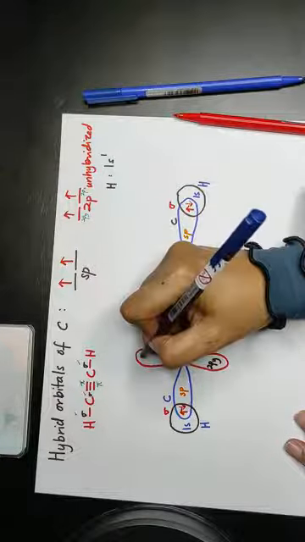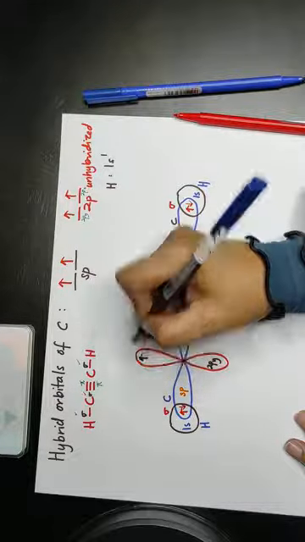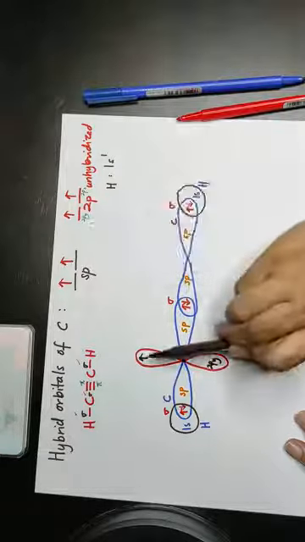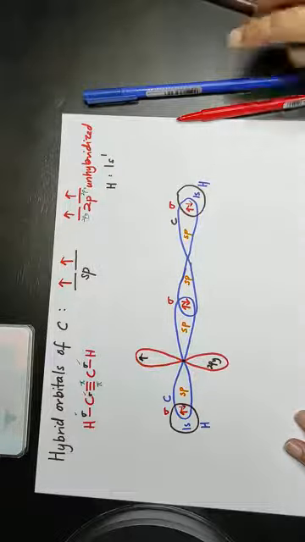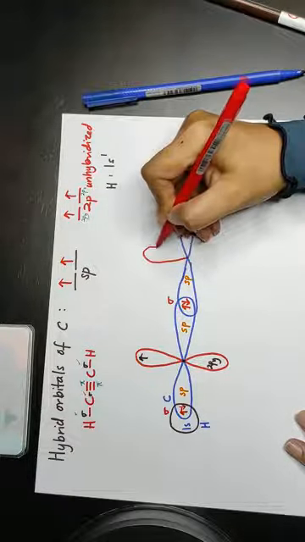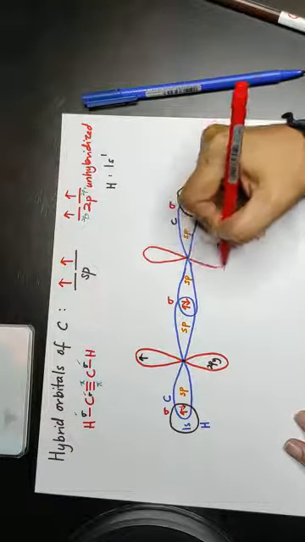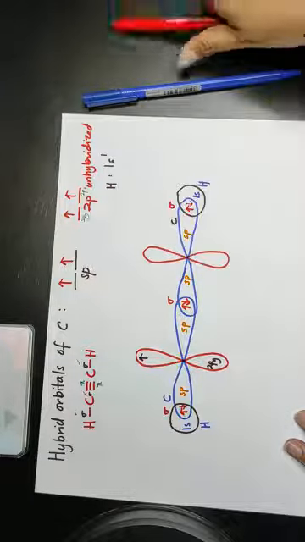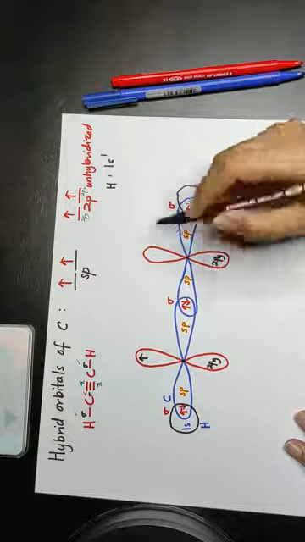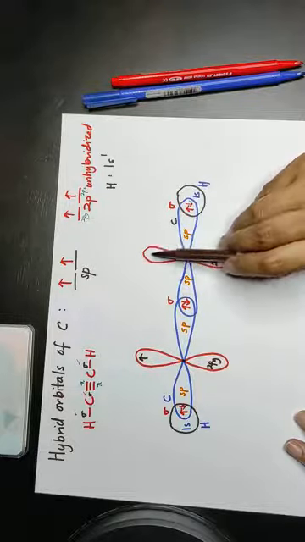It contains one unpaired electron here. So the second carbon also has a 2py unhybridized orbital. So label it as 2py. It contains one unpaired electron.